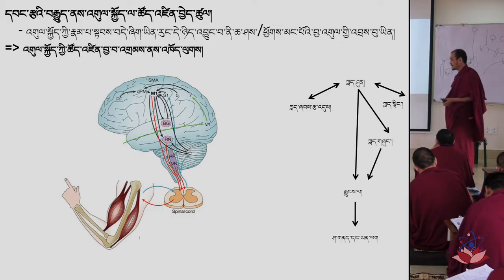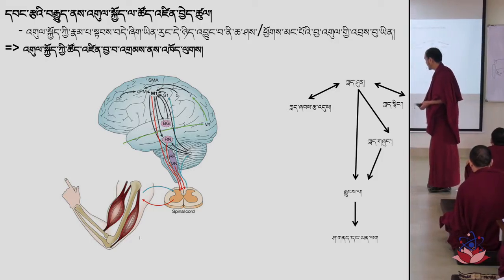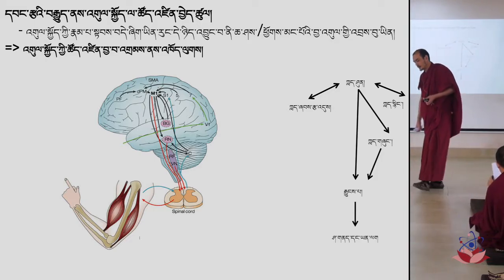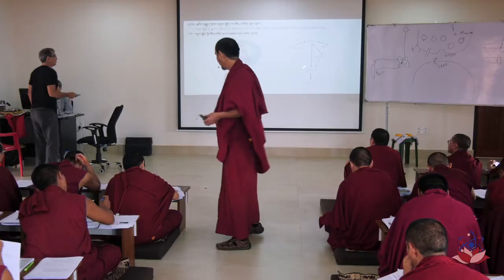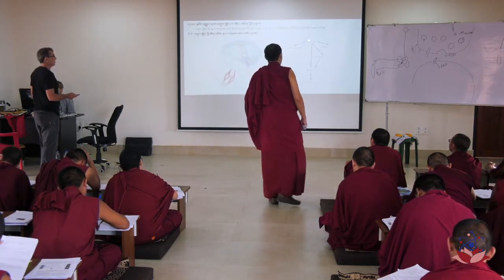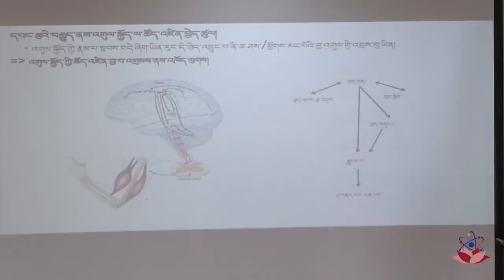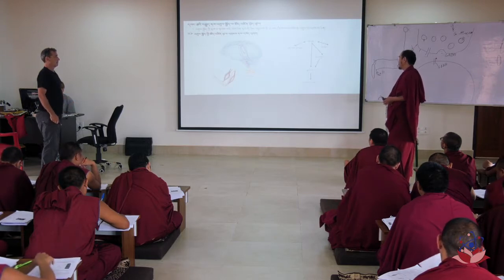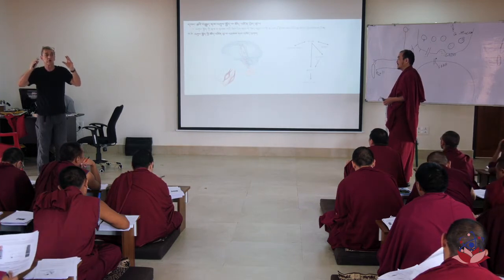So some of these you've heard about before. This is the cortex. In this case, we're talking about the motor cortex. I talked yesterday about the basal ganglia a little bit. Remember, we're talking about now motor centers of the brain.